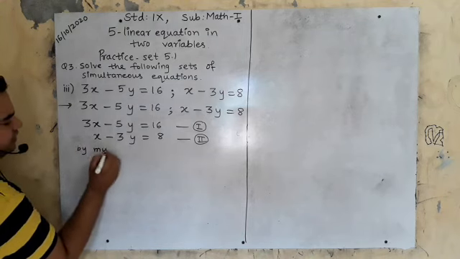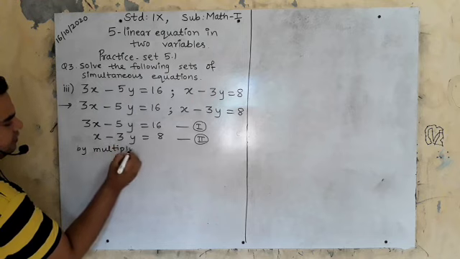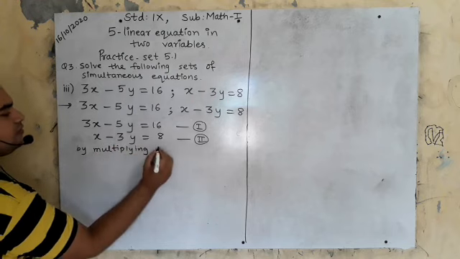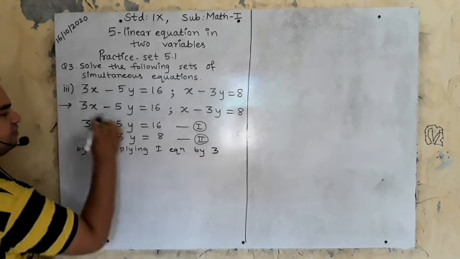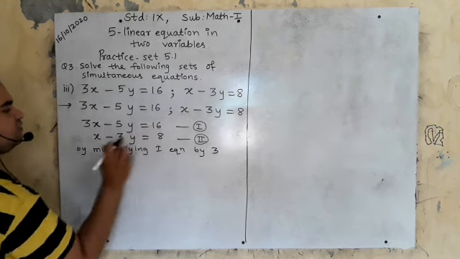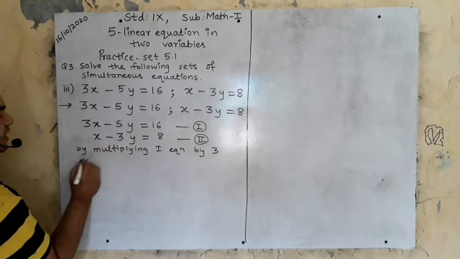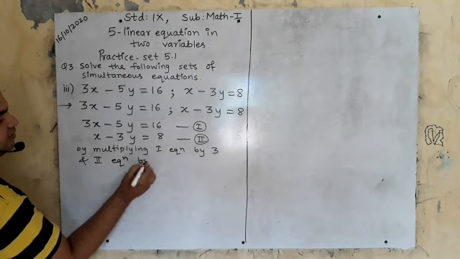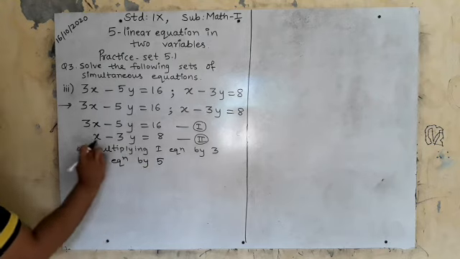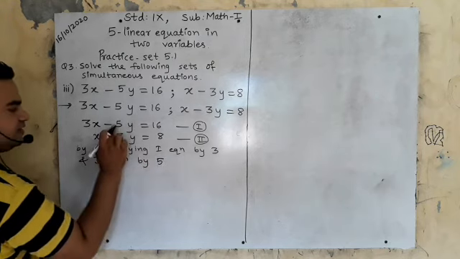By multiplying the first equation by 3, the whole equation, and the second equation by 5. We do it crosswise: multiply the upper equation by 3 and the lower equation by 5.